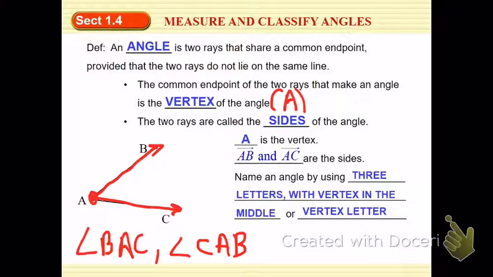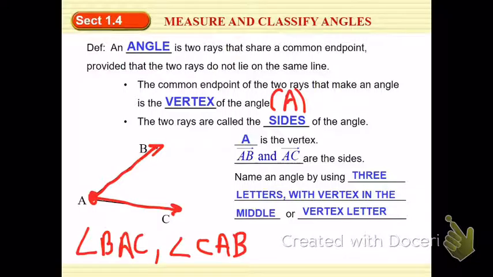That is not this angle. Angle ABC would be the angle at B. Angle ACB would be the angle at C. So you have to have this. This is the vertex. That letter has to be in the middle. Right? The other letters don't matter what order they are, whether they're first or last. But the vertex has to be in the middle. Naming angles. Get that straight now because it'll cause you trouble the rest of the class if you don't know how to name angles correctly.